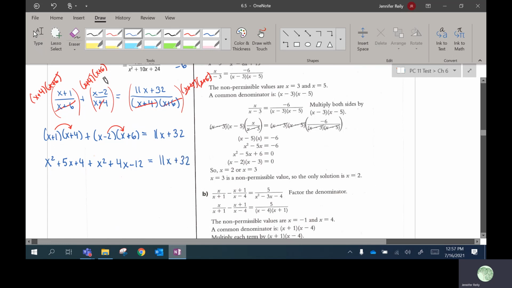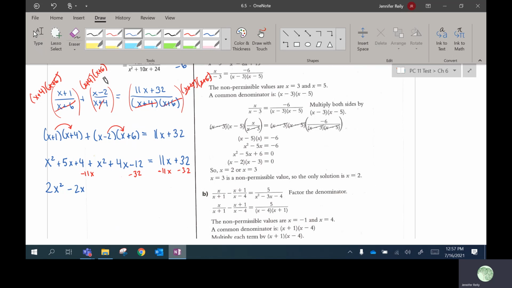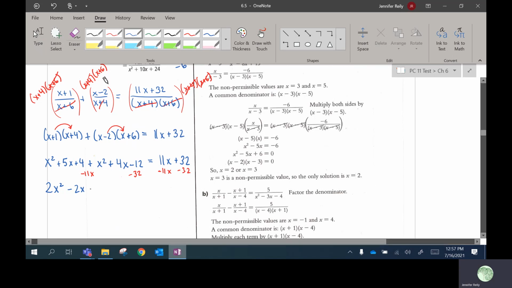We're going to collect like terms here, so the x squareds can go together. The x terms, we'll move the 11x to the other side as well. So we'll have 9x minus 11x, so that's negative 2x. And then finally, we will move this 32 over as well. So we'll have 4 minus 12, which is negative 8, minus 32, which is negative 40.